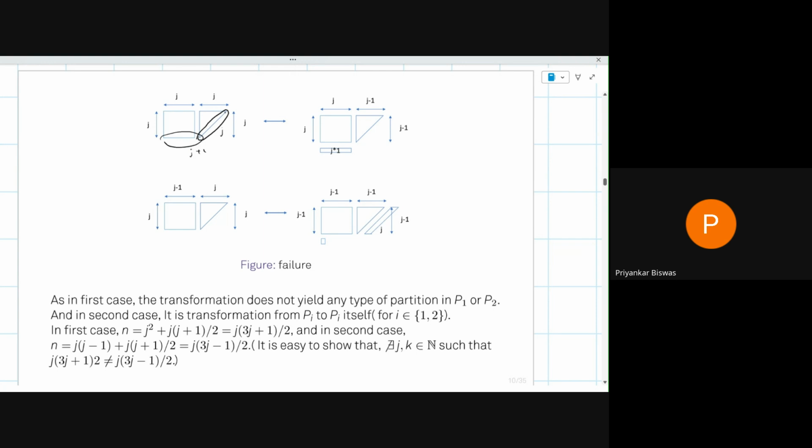So we have to move this one from this, but if we move from this, this would be of length J, and this is also of length J. So here the parts are not distinct, so we are not getting a valid partition of the types which we want.